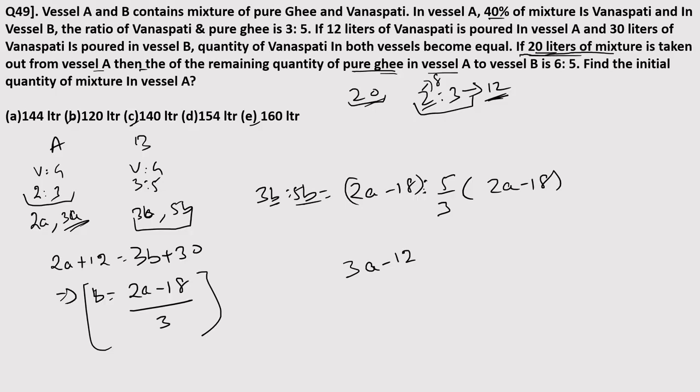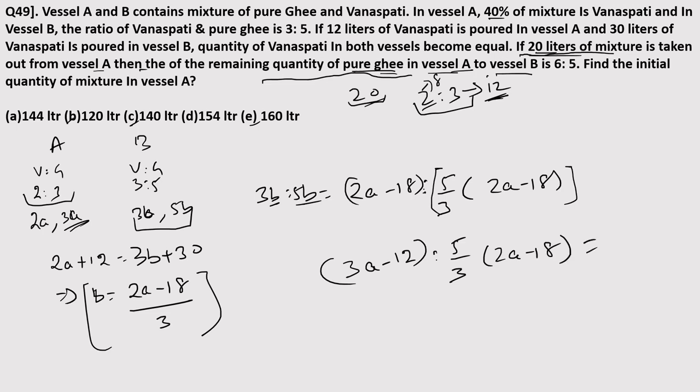This is to the remaining quantity of pure ghee in vessel B. Vessel B is also pure ghee, so ghee in vessel B is how much? That is this part: 5 by 3 of (2A minus 18). Now this ratio is given as 6 by 5. If you solve this, you will find A equals 24.